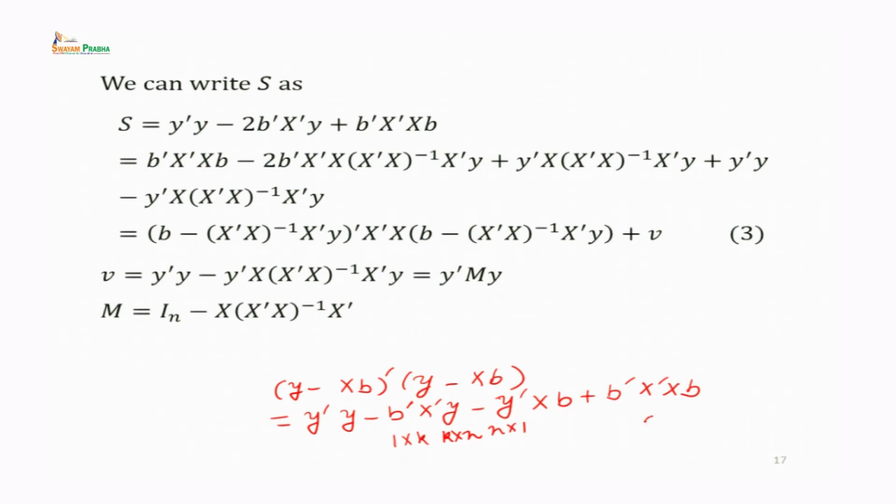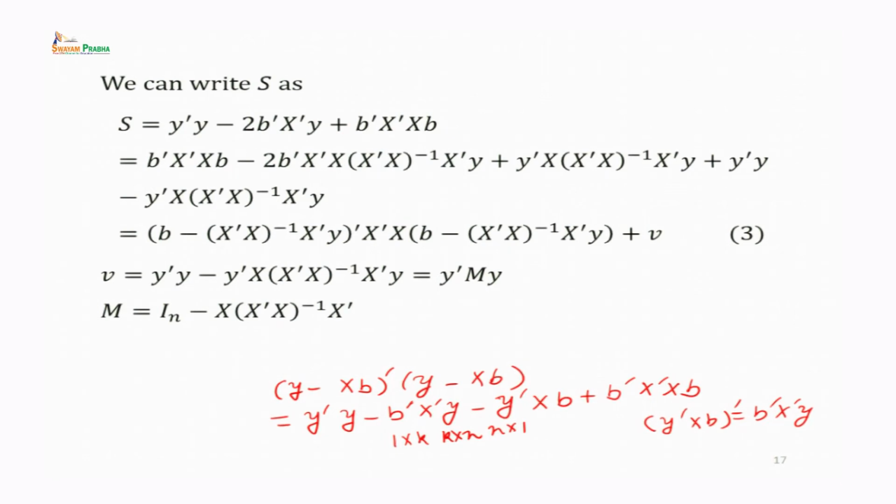And you also notice that (y transpose X b) transpose is equal to b transpose X transpose y, and the transpose of a scalar is the same scalar. So, these two are equal. So, we write it as y transpose y minus 2 b transpose X transpose y plus b transpose X transpose X b.